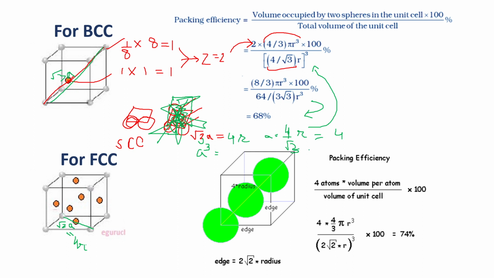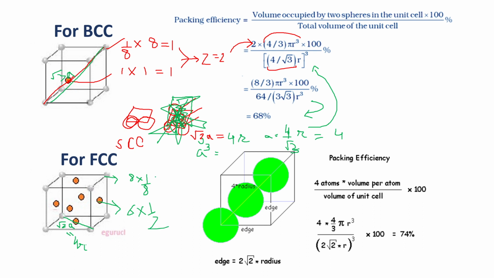So 4 atoms are present in the FCC, as I told you earlier as well. So 8 atoms are present at the corner. So 8 into contribution of each is equal to 1 by 8. And atoms present at the face, there are 6 atoms present at the face, and each has a contribution of 1 by 2.